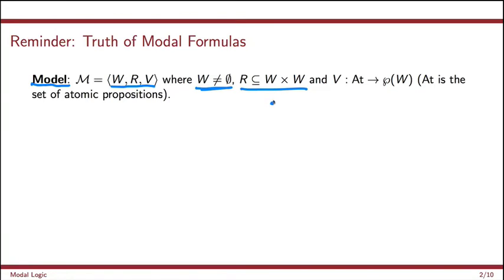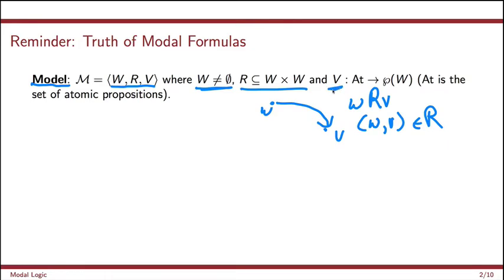And as a reminder, if we have a state W and another state V, we draw an arrow from W to V just in case W is related to V, or a bit more formally, the pair WV is an element of the set R. So relations are understood as sets of ordered pairs, but I draw an arrow from W to V just in case W can see V. So the pair WV is in R. And finally, V is the valuation map that assigns the set of states where the atomic proposition is true.